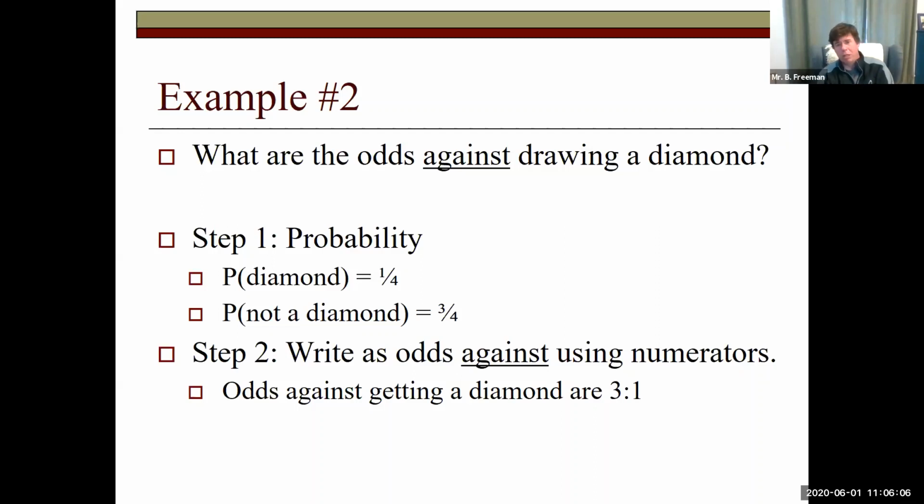Now we write out the odds against, using only the numerators: the odds against getting a diamond are 3 to 1. What if the question had said, what are the odds in favor of getting a diamond? Same process. Final answer would be odds in favor of getting a diamond are 1 to 3.